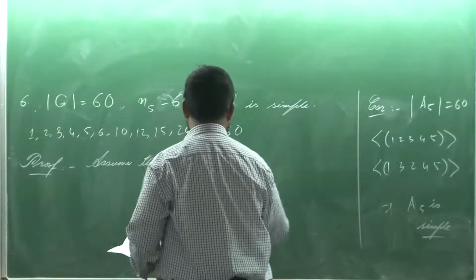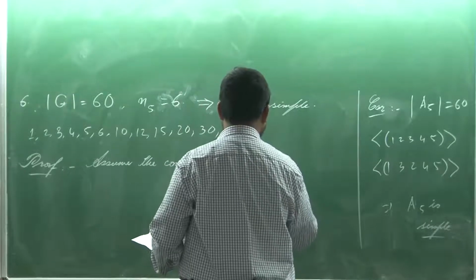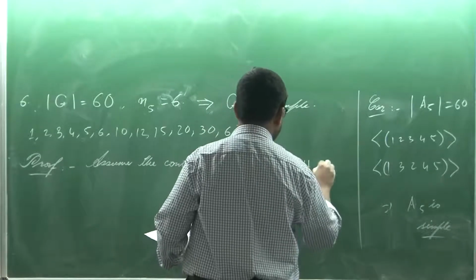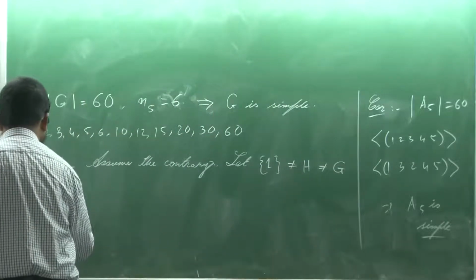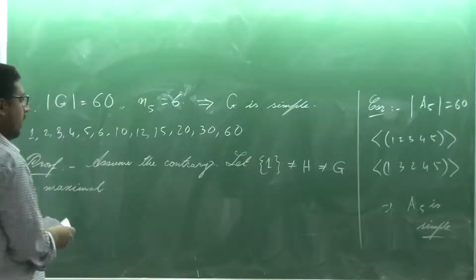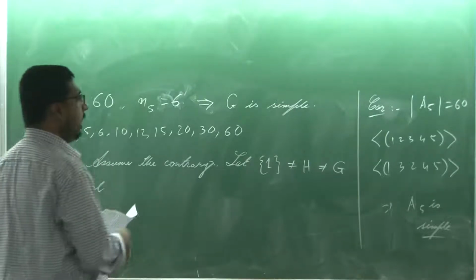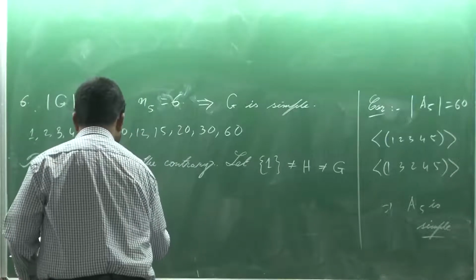And let H be a maximal proper subgroup. Maximal means it is not properly contained in any other proper subgroup of G.